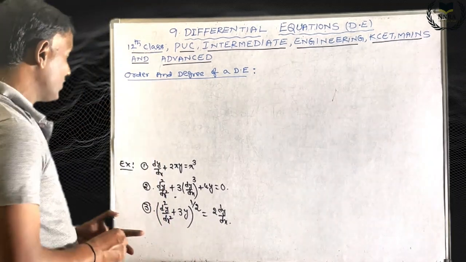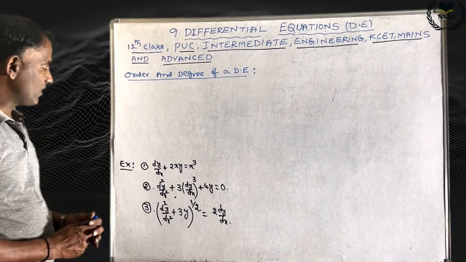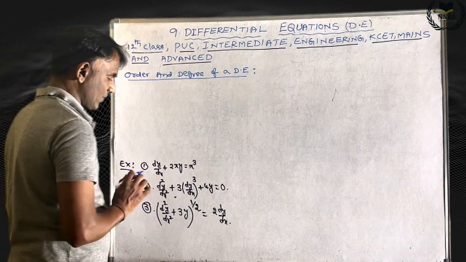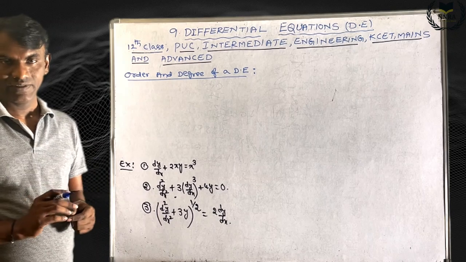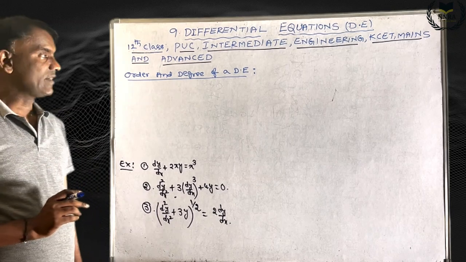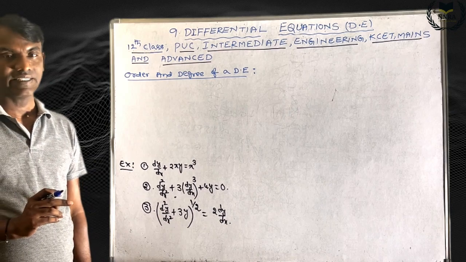But the thing is how to find the order and how to find the degree. It's very simple. Suppose you take the first example. How many derivatives are in this? Only one derivative. Only one derivative means if we differentiate the given curve y equal to f of x, then we get dy by dx.